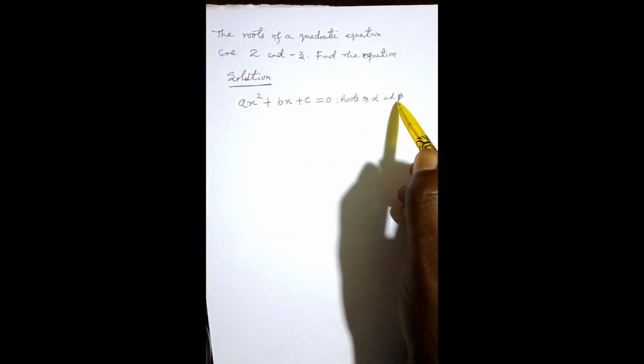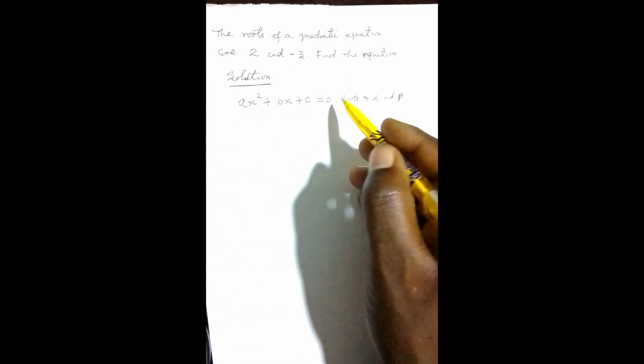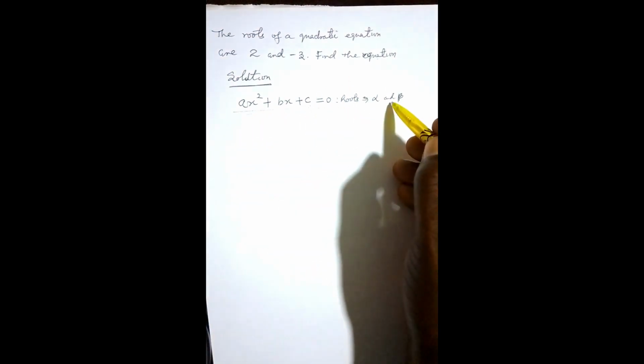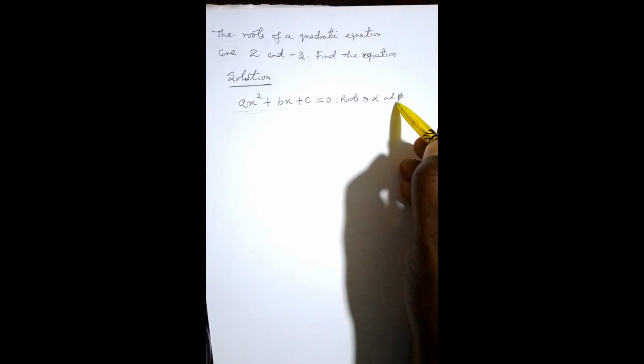We have the roots as alpha and beta. Okay, alpha and beta. And then, of course, from this general form, the roots of the quadratic equation will be alpha and beta. Now, where alpha is the first root and beta is the second root.